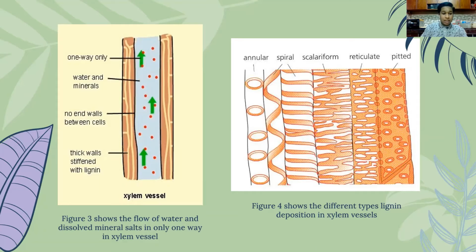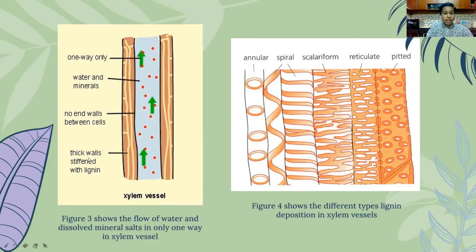So in xylem vessels, since xylem vessels are in xylem, it only conducts water in one way. As you can see here, the water and mineral salts flow in one way, and there are no end walls between the cells, meaning there's no obstruction to the flow of water and mineral salts.